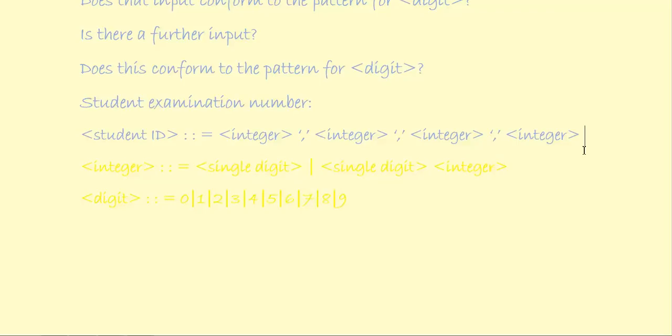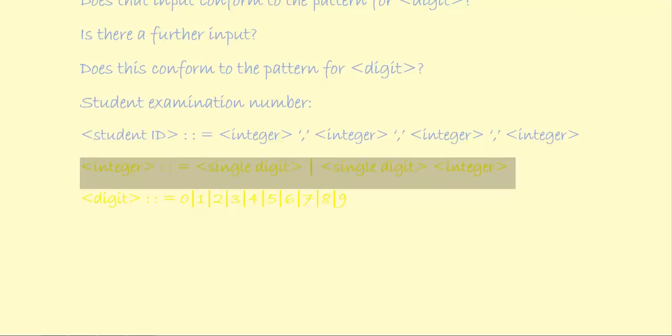So if that was input, the program would expect to see 4 integers, 4 single digits, 4 numbers entered. If 3 were entered, it would either hang or crash, or just wait, hanging. If 5 were entered, then that would be a fail, because it does not conform to the definition of student ID, which is 4 integers.